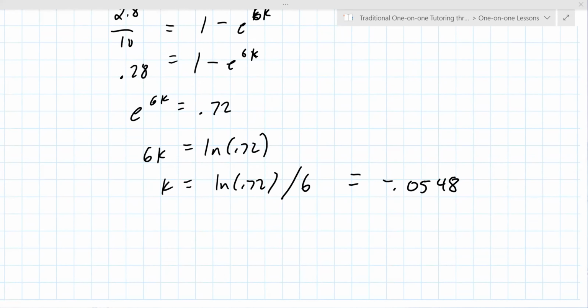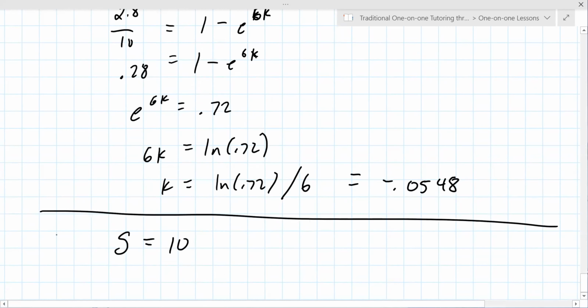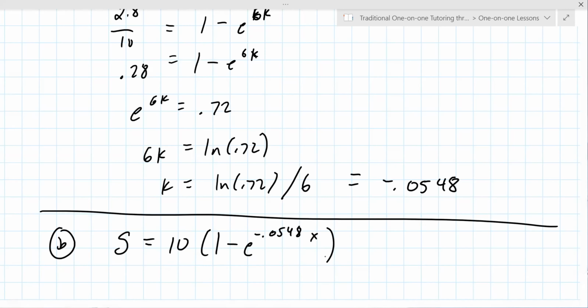Part B, you have to use your result from K. So your equation is S equals 10 times (1 minus E to the minus 0.0548x). And they want to know if you can spend $850.